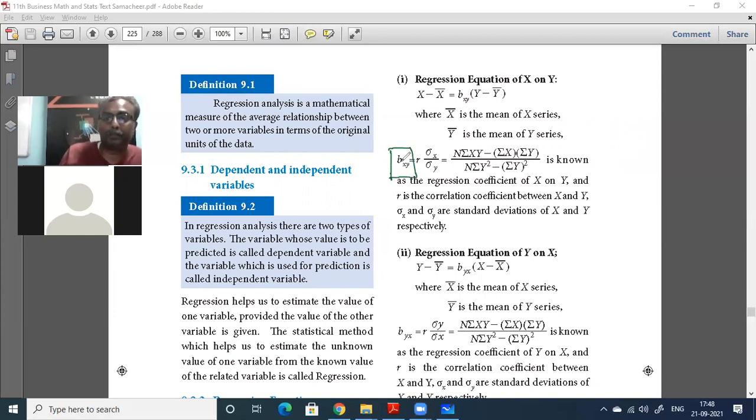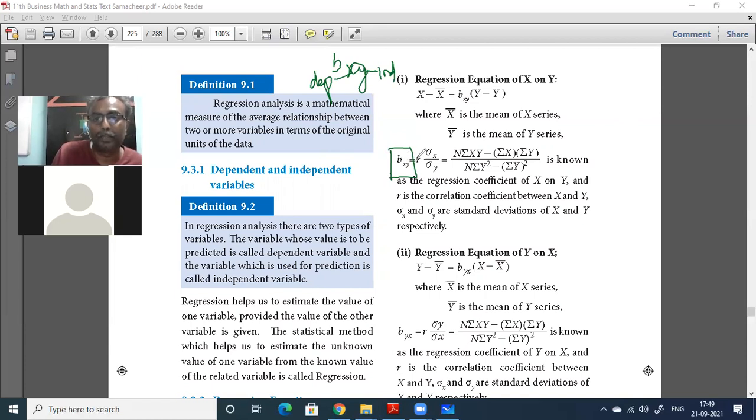What is b of xy? B of xy is the regression coefficient of x on y. When you write bxy, you are writing x on y. That means x is the dependent variable and y is the independent variable. That is what it means. What is b of x on y?